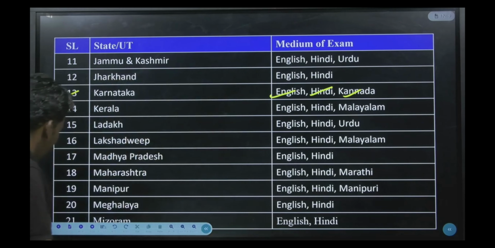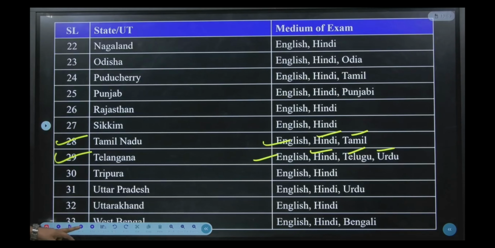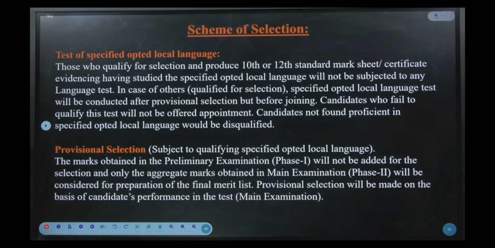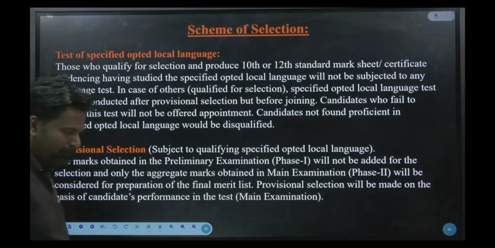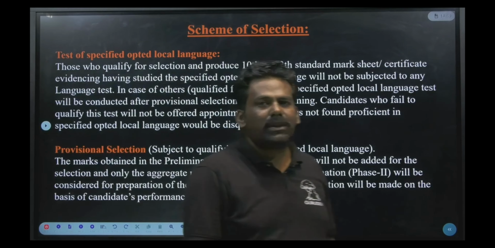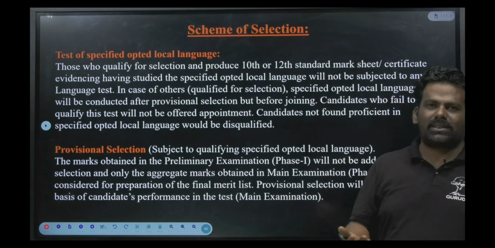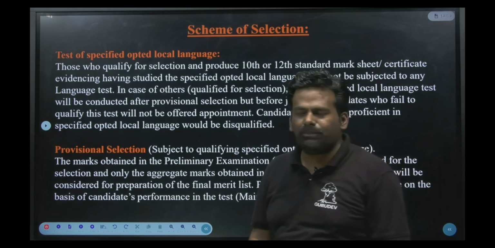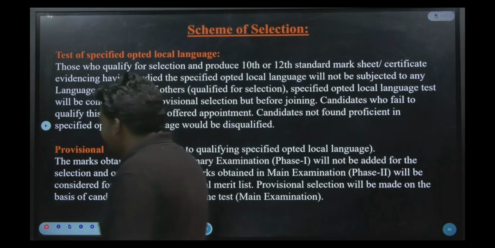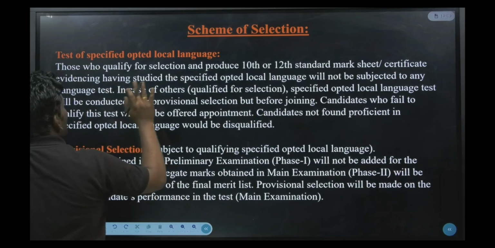So by default English will be your language. So depending upon your circle or for which state you are applying, you have to choose your medium of examination. If you are comfortable in English, you can write all the subjects in English medium only, correct? Now going to the very important scheme of selection.